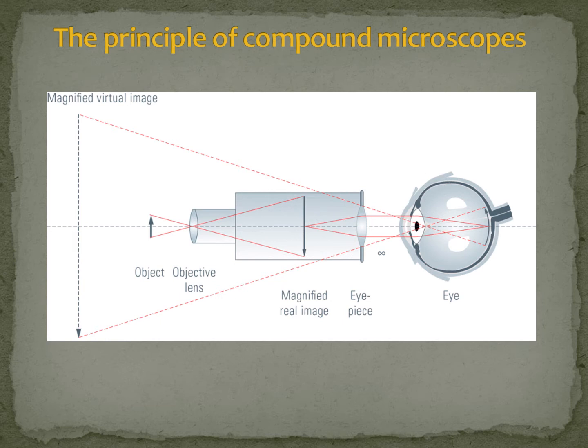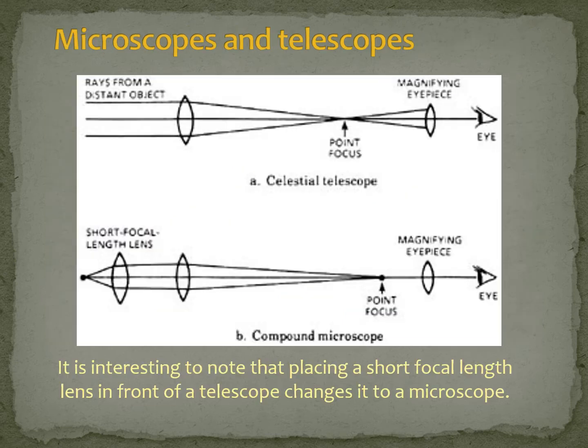So the observer will have the notion that they are looking at a much larger image, while in fact the object is small. So in fact it will help amplify. So the compound microscope is based on this principle, but it suffers from a series of problems that we will discuss in a bit.